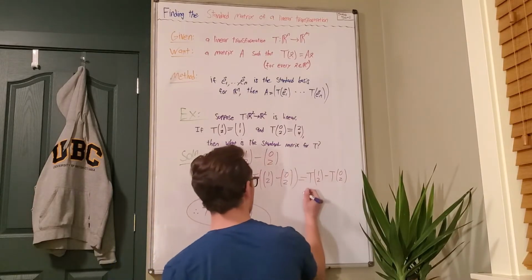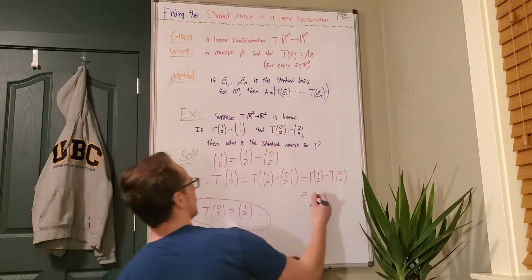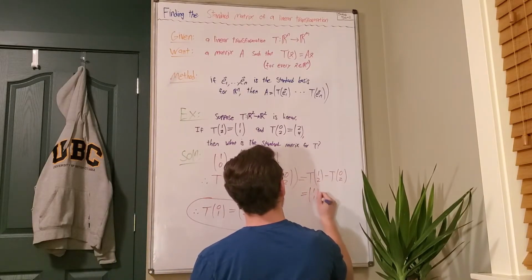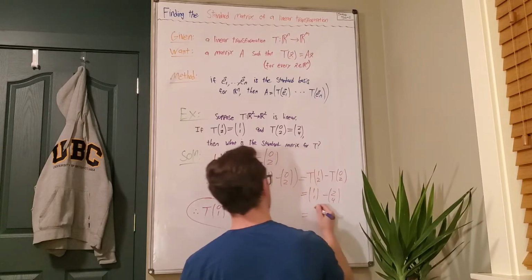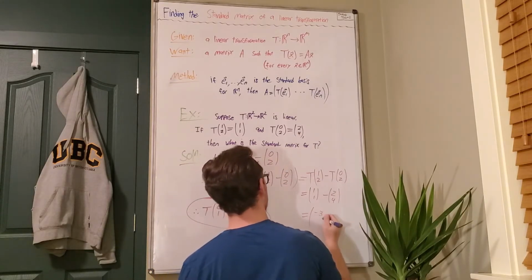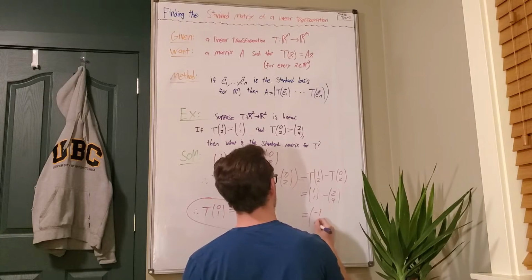And then we already know what these are, since we were given them, so (1, 1) minus (2, 4). And so that's going to be equal to (-1, -3).